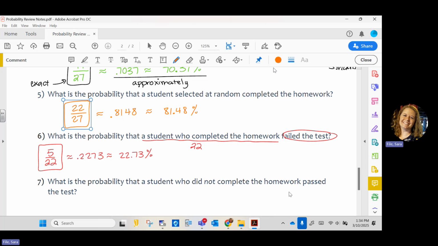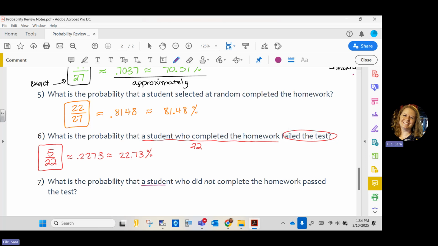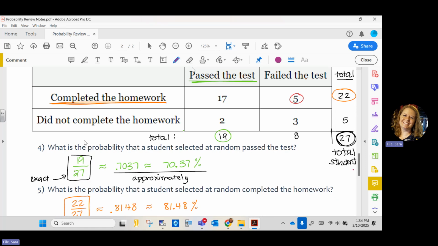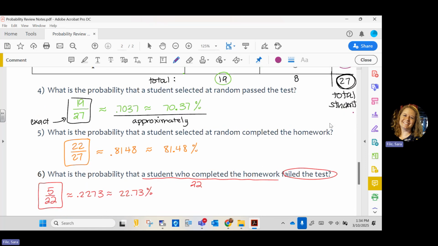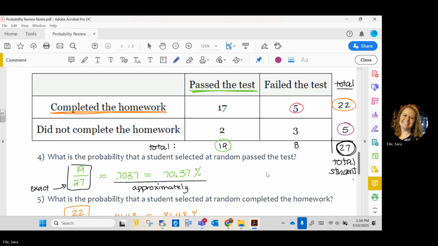All right, what is the probability that a student who did not complete the homework passed the test? Looking at the table, for did not complete the homework, there were only 5 of them. Out of those 5, 2 of them passed the test.